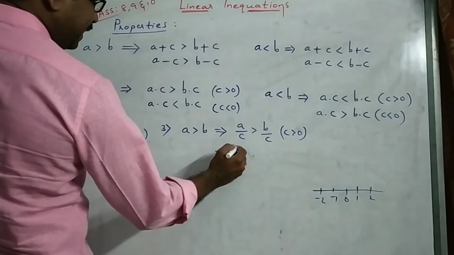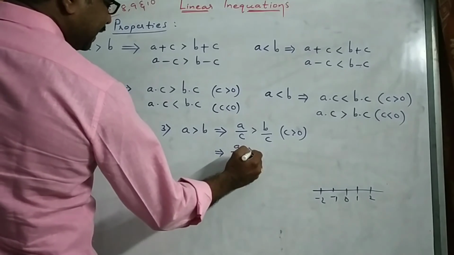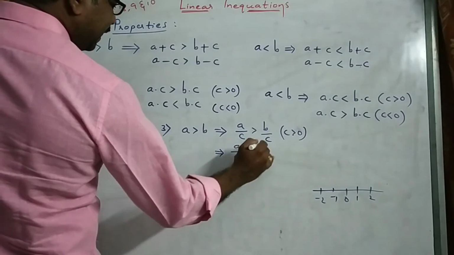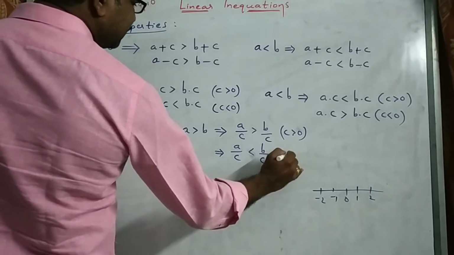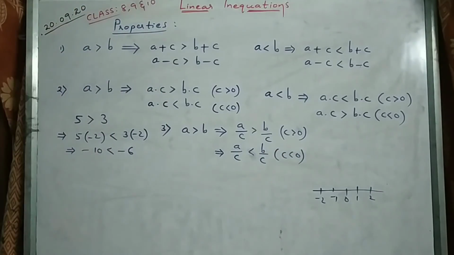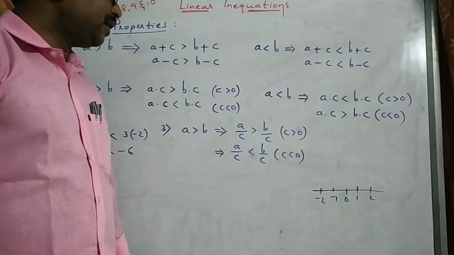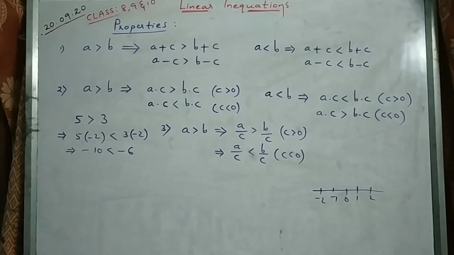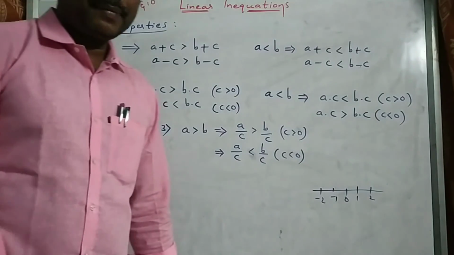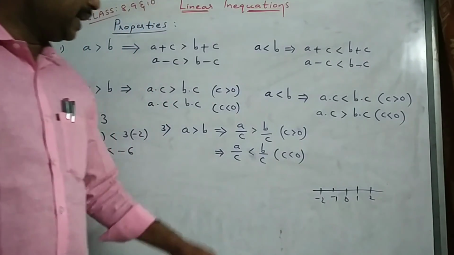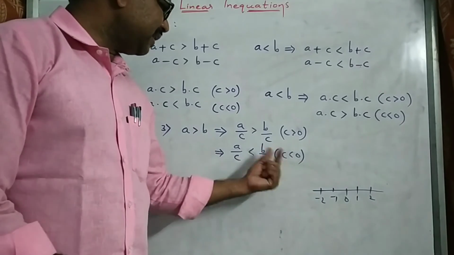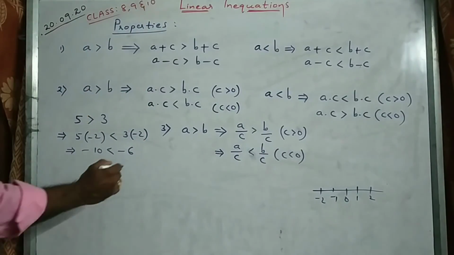If I take a negative number, greater than becomes less than, B by C if C is negative. Understand? Whenever you multiply or divide with a positive number, there is no change in the inequality symbol. If you multiply or divide with a negative, then we change the inequality symbol.